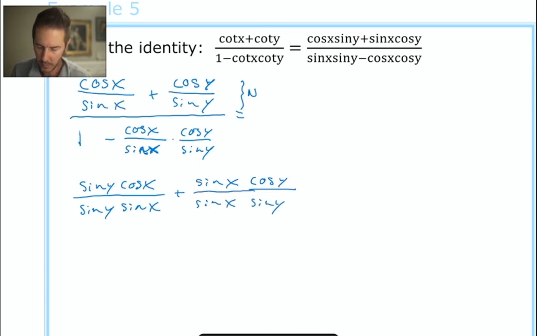The next time we see those, we'll put them over their common denominator with the plus sign in between them. So that's the big numerator, the big N. In the denominator, I'm going to take the number 1 here, and if you want to, again, use highlighters or different pen colors, not a bad idea. I'm going to change that number 1 into sine x sine y over sine x sine y.